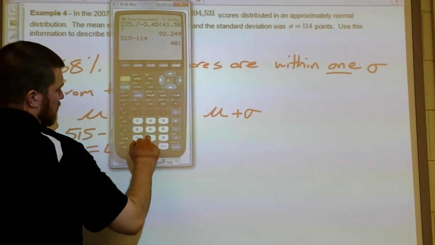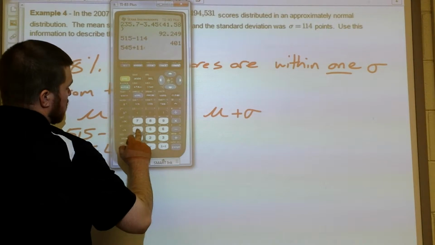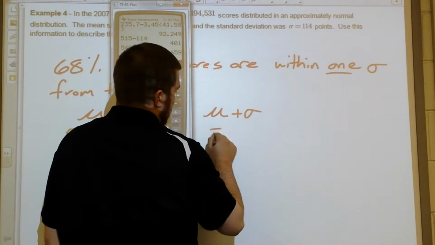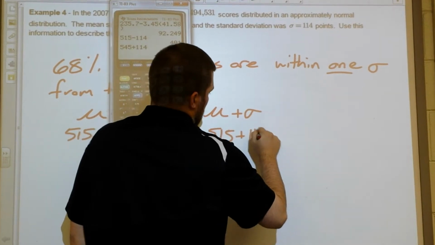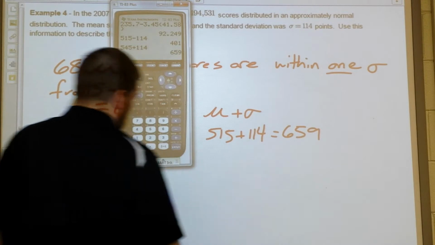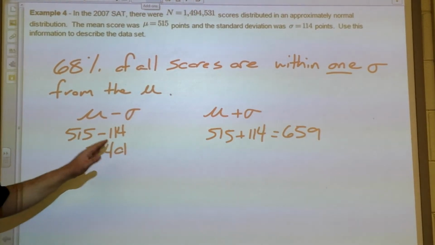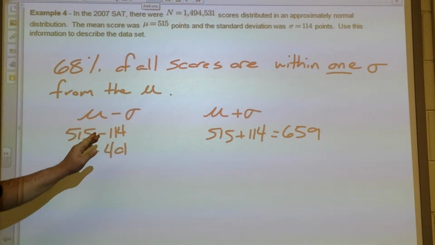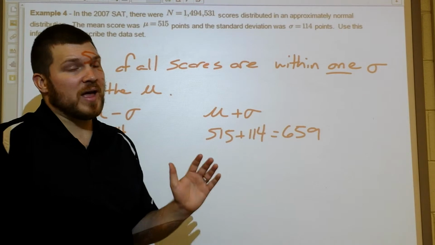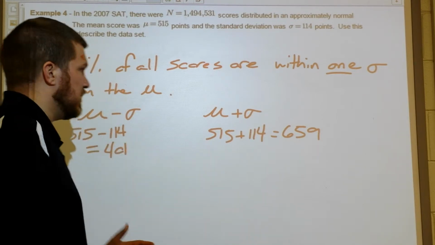My upper score is going to be 515 plus 114, which is approximately a 659. So that means approximately 68% of all scores on this 2007 SAT were scores between a 401 and a 659. 68% of everybody who took that SAT.